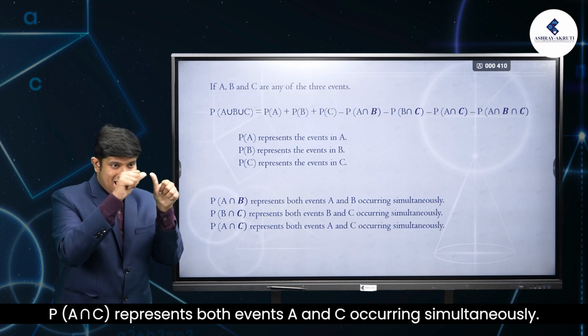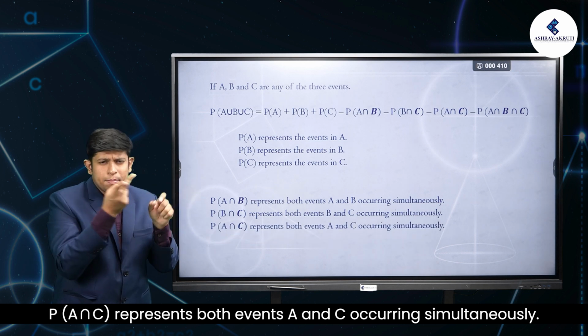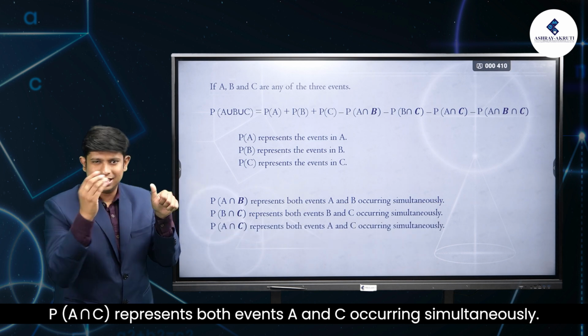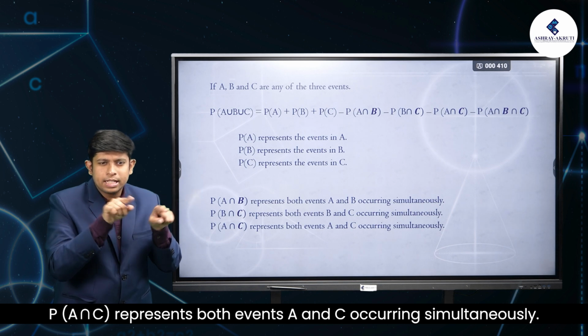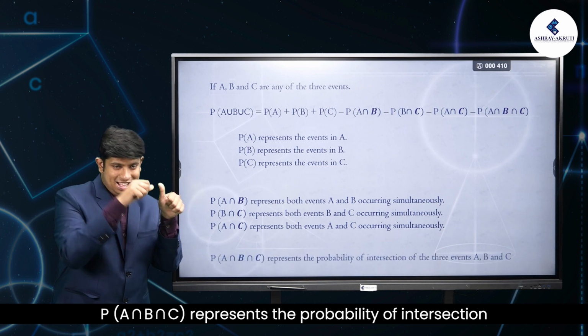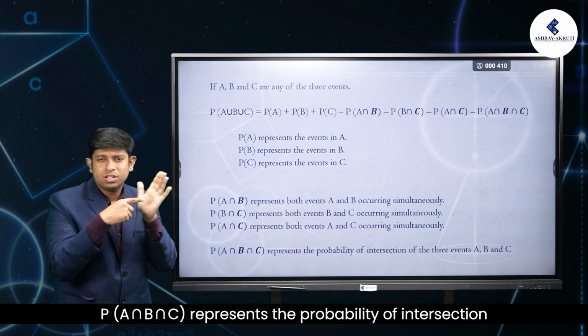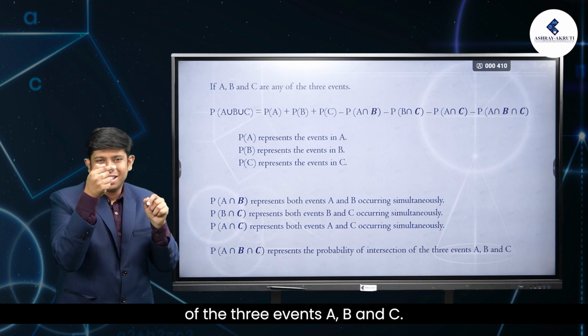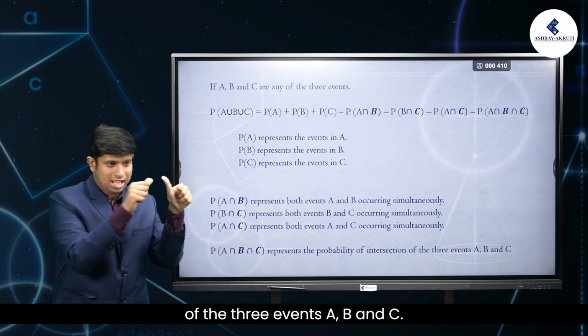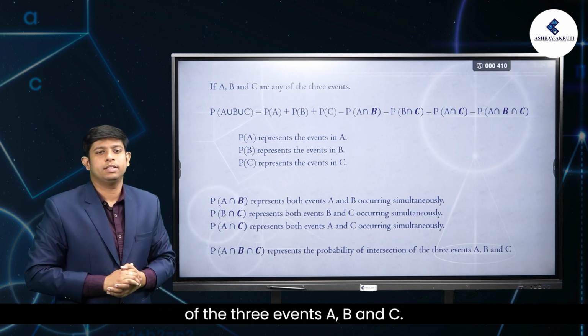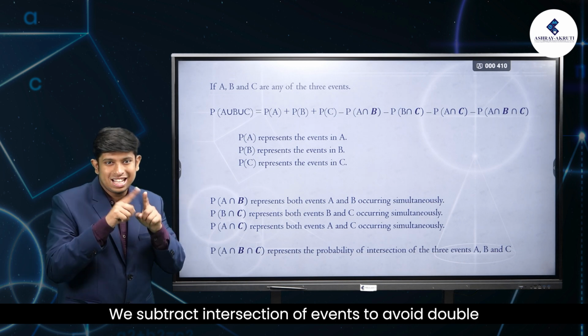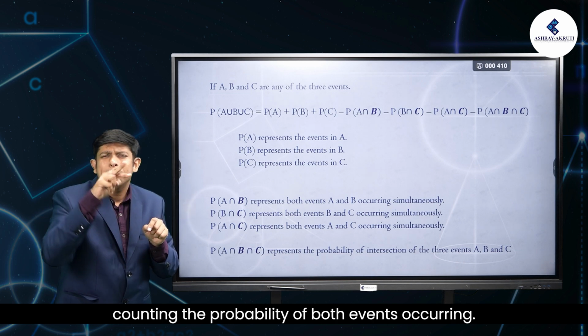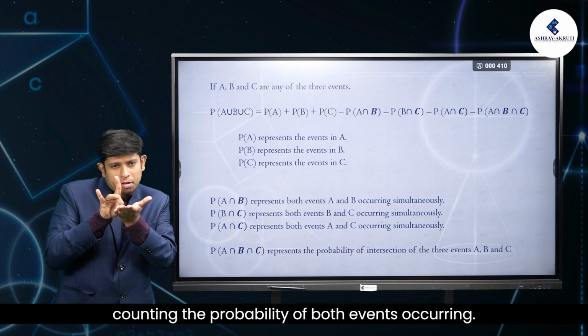P of A intersection C represents both events A and C occurring simultaneously. P of A intersection B intersection C represents the probability of intersection of the three events A, B and C. We subtract intersection of events to avoid double counting the probability of both events occurring.